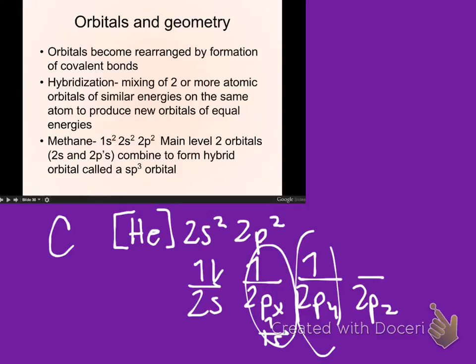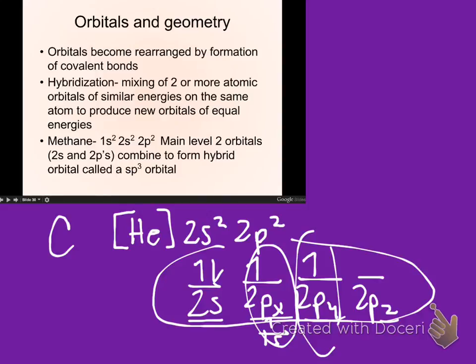With carbon as our example here, there are 4 orbitals. There's only 1 s, but then there are 3 p's. There are 4 electrons. These sort of merge and combine, and what we end up with is, rather than one lower energy orbital and then 3 that are slightly higher, we end up with 4 hybrid orbitals, each composed of a little part of s and 3 parts p, 1 part s to 3 parts p.